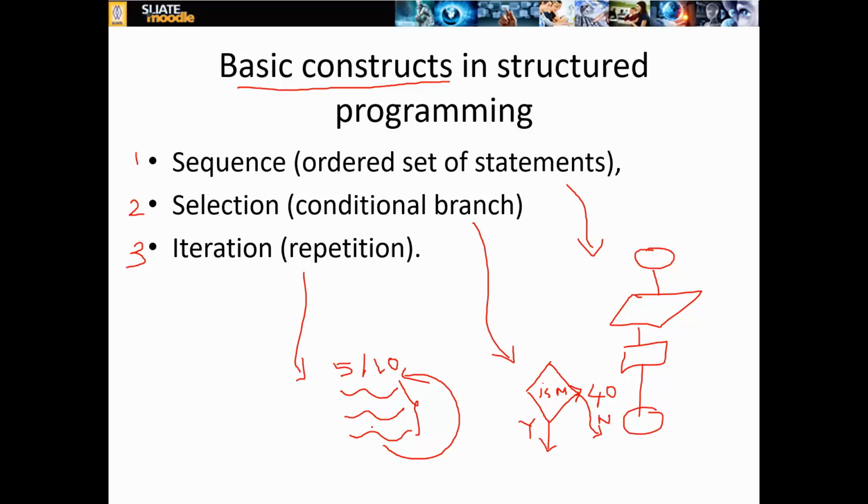The addition operation is the same. If you want to do it 5 times, you repeat the same set of instructions; if 10 times, again the same set of instructions, but you repeat it. So this is what we call iteration or repetition, right? These are the three basic constructs. Remember these three: sequence, selection, and iteration.